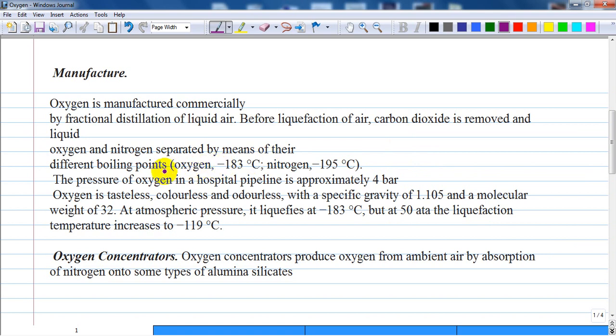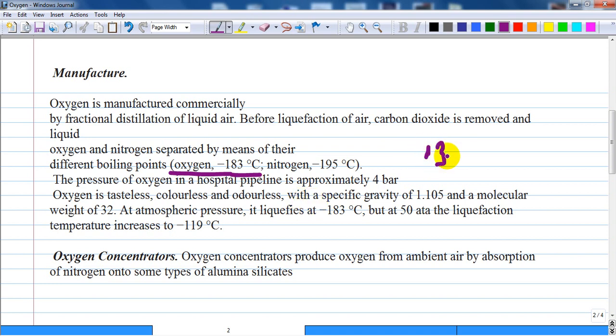For example, oxygen has minus 183 and nitrogen has minus 195 degrees Celsius.